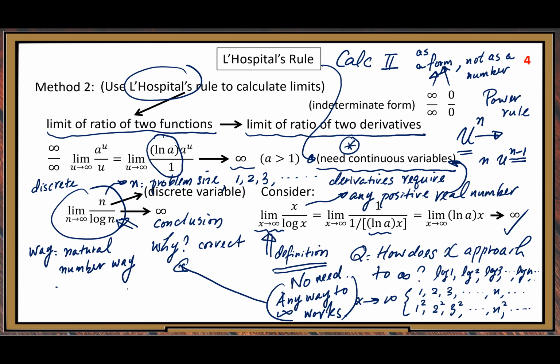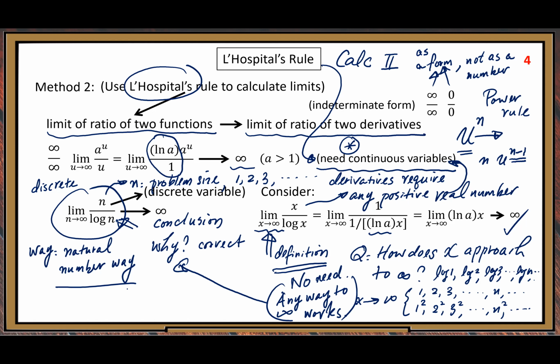After we did the calculation for the continuous variable to get the limit, then we take the special natural number way. It's still correct.